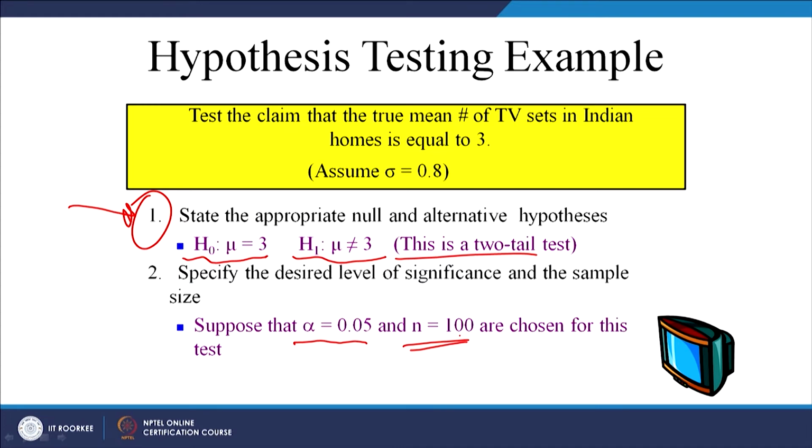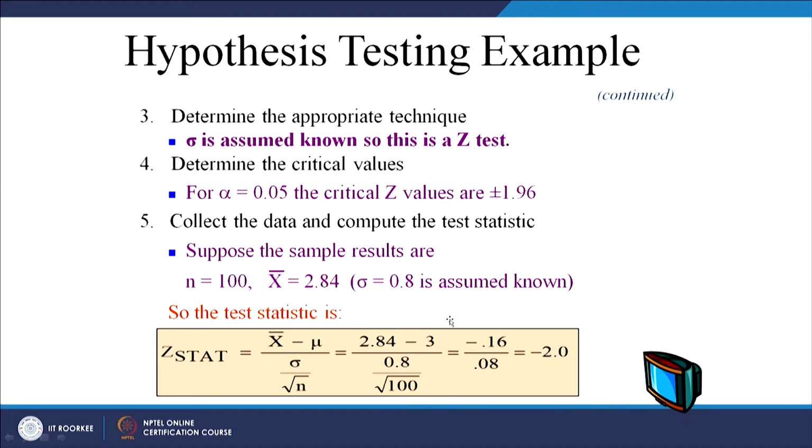We do not know whether there are actually 3 TV sets or not. So, we collected data from 100 homes, counted the number of TVs in these 100 homes, and then took the average. The average was 2.84.